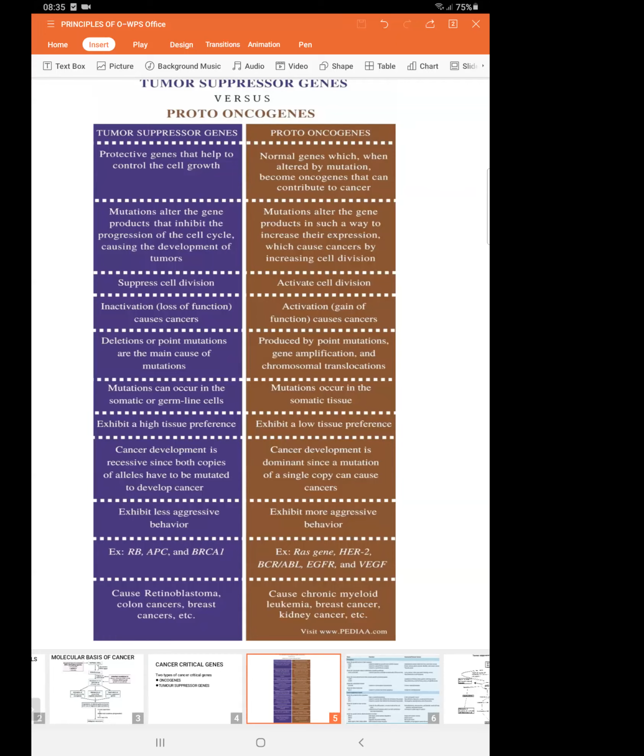Usually it causes activation of cell division, so this is a gain of function mutation which causes cancer. Here usually point mutations, gene amplifications, and chromosomal translocations are seen. This proto-oncogene to oncogene transformation is mostly seen in the somatic tissue.